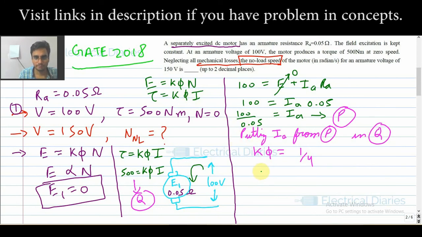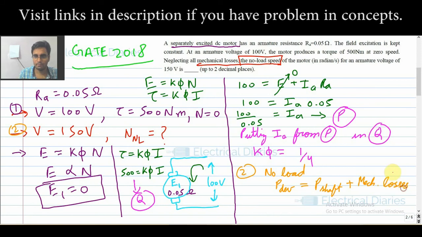Now let us start with the second case. What is the meaning of no load? When the motor is at no load, what does it mean? From the power flow diagram of the motor, if you are not aware of this, you can visit the links in the description. No load means that the power developed in a practical motor is P shaft plus mechanical losses.